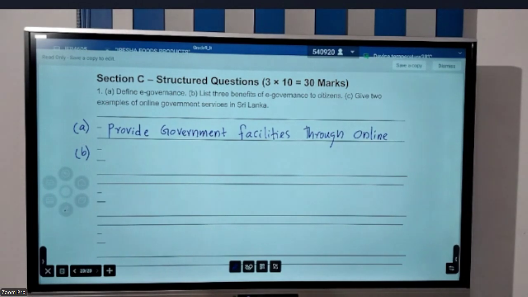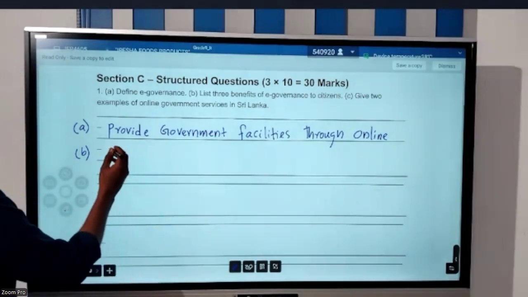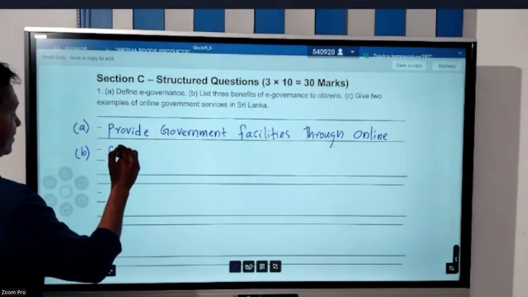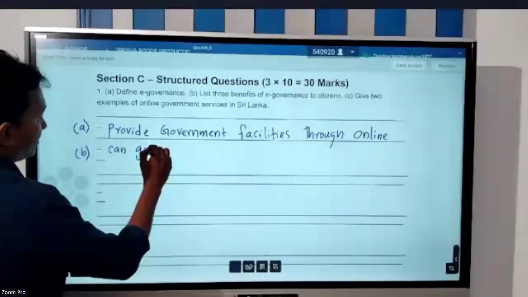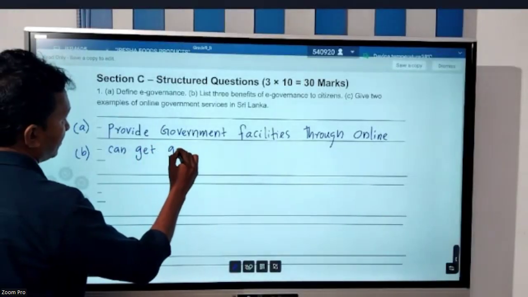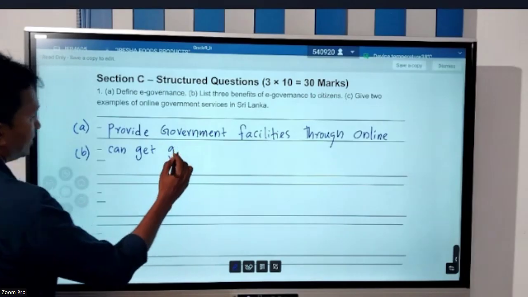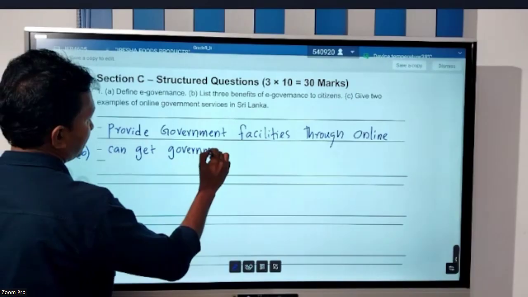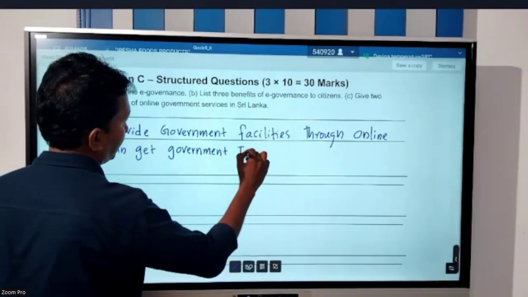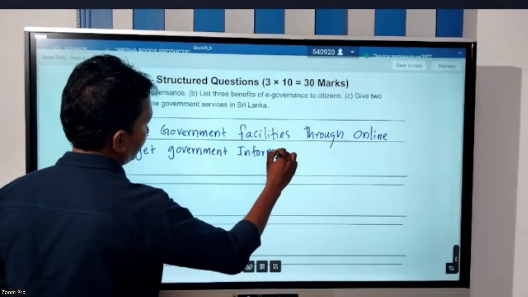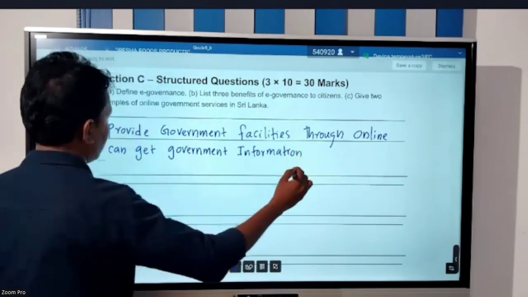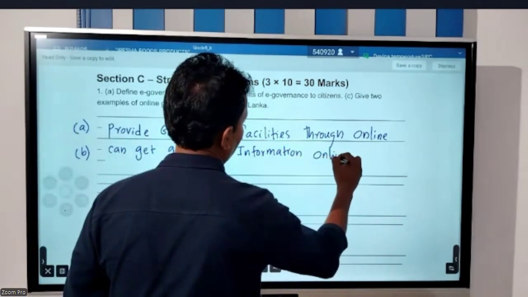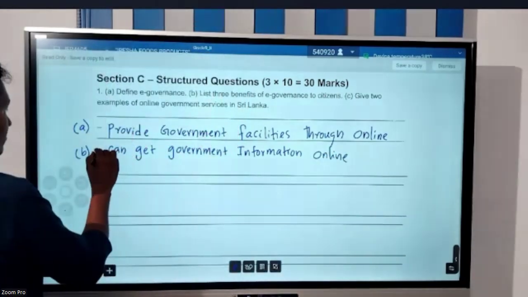List three benefits of e-governance to citizens. What are the benefits?